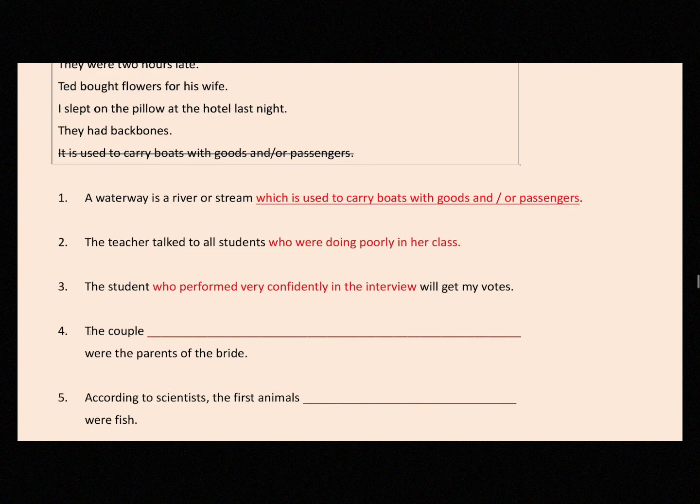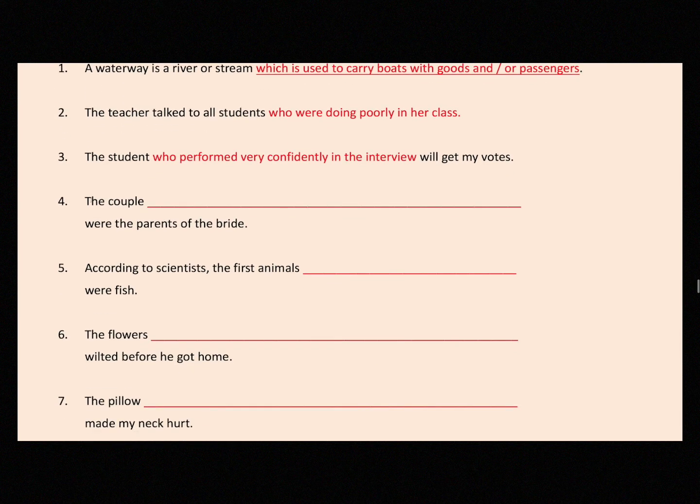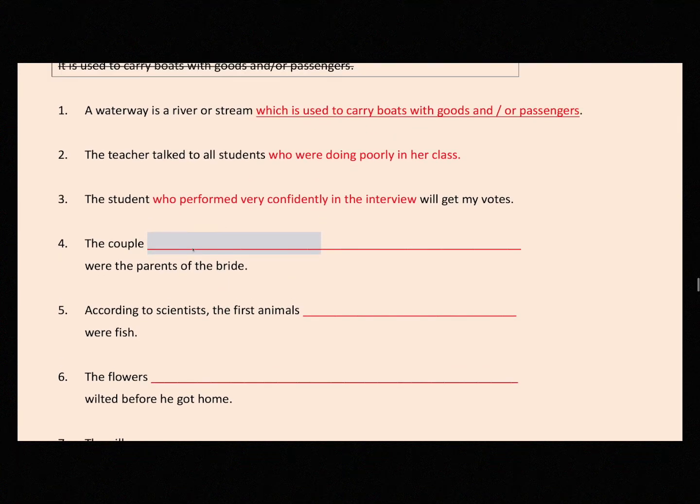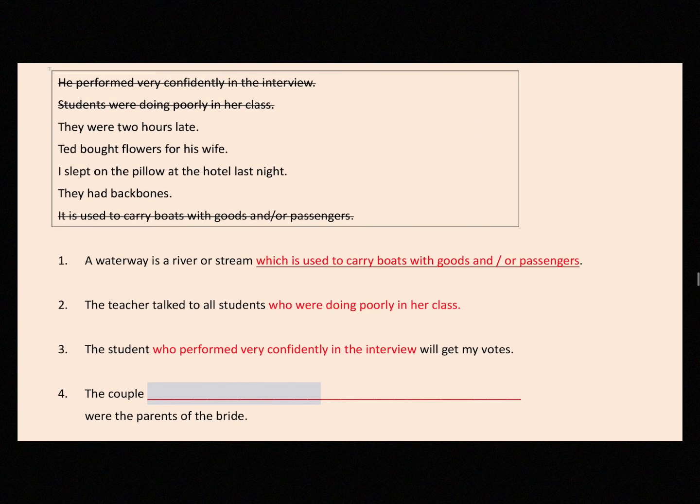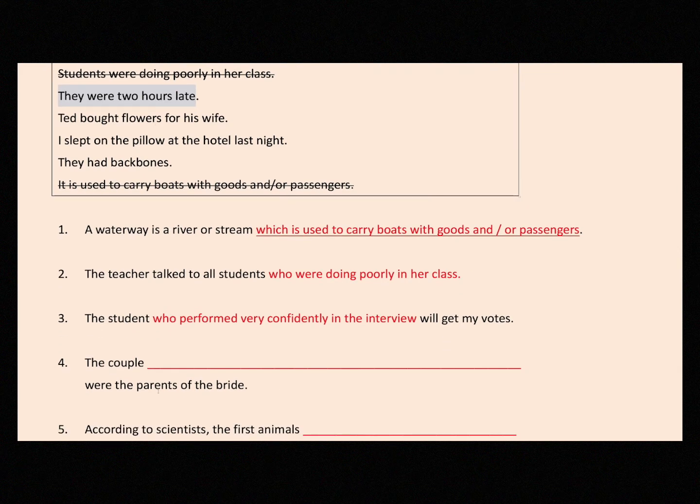And then let's go on to number 4. The couple means two people, alright? The couple were the parents of the bride. We can say here the couple is two people. May probably be this one: they were late for 2 hours. They were 2 hours late. The couple, of course, we use who to talk about them because they are people.